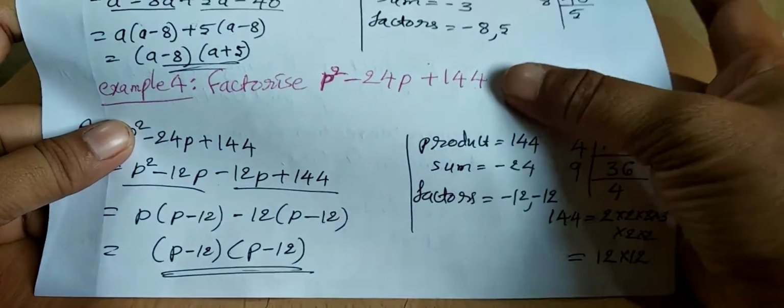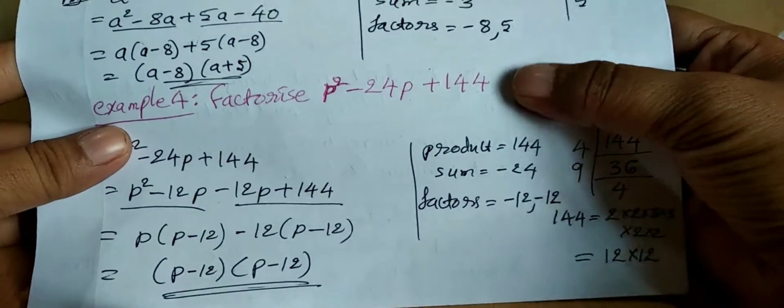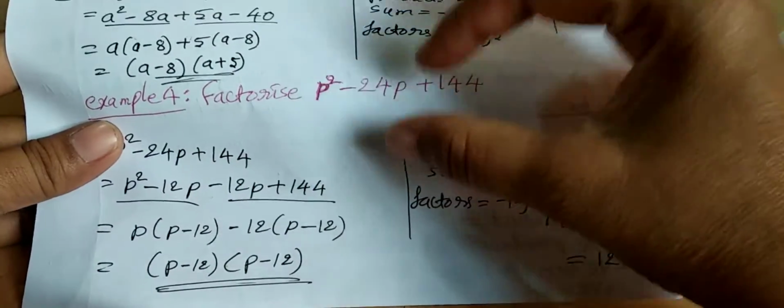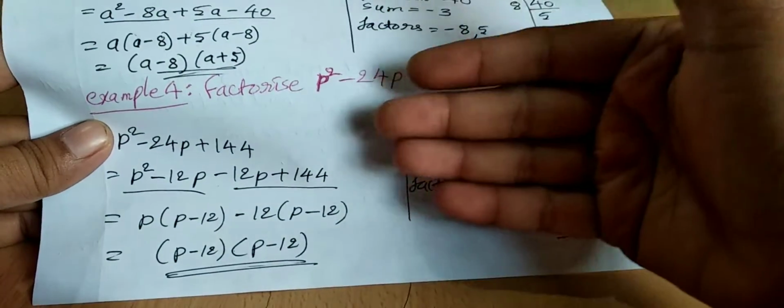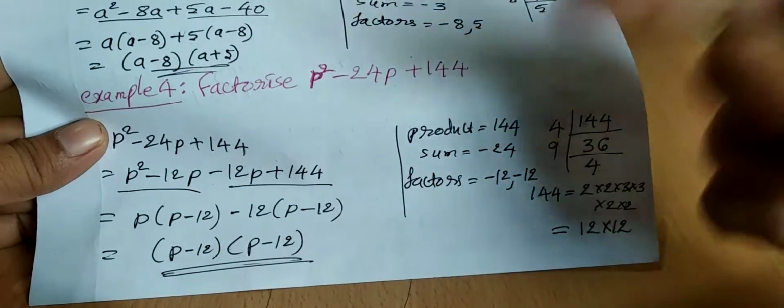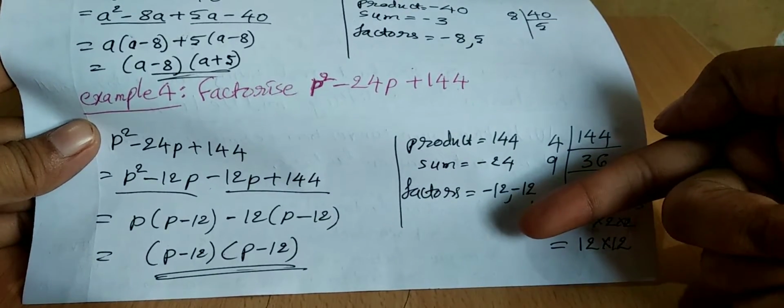Here I can make use of the a minus b whole square identity by searching and writing in the form of the identity. Otherwise, I can split the middle term like this.